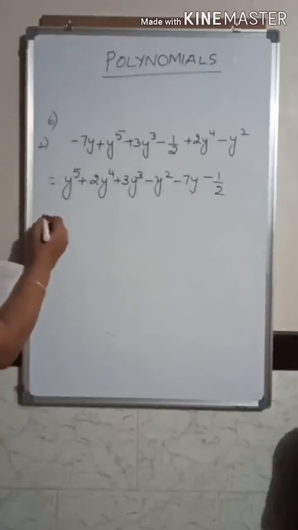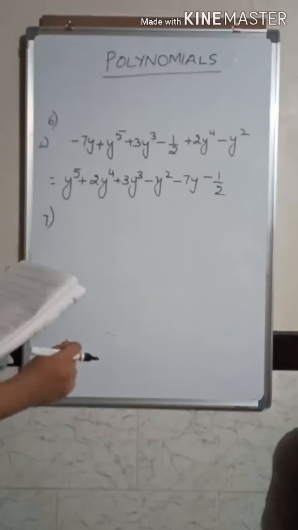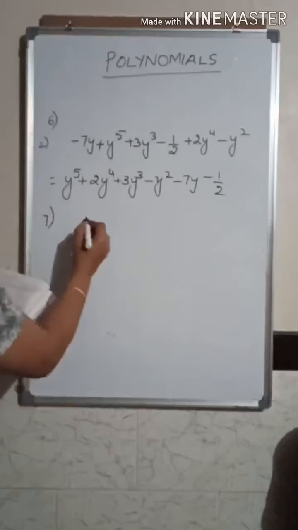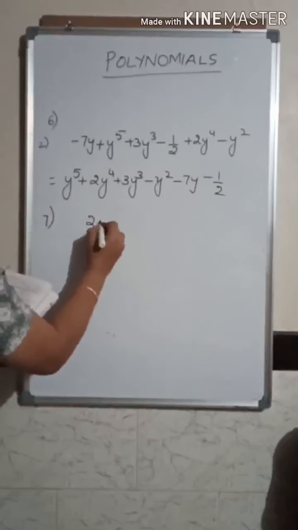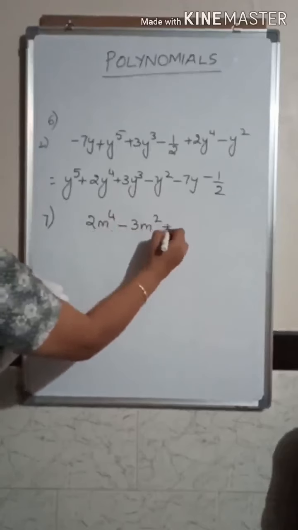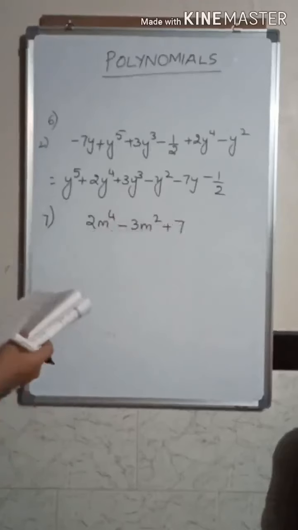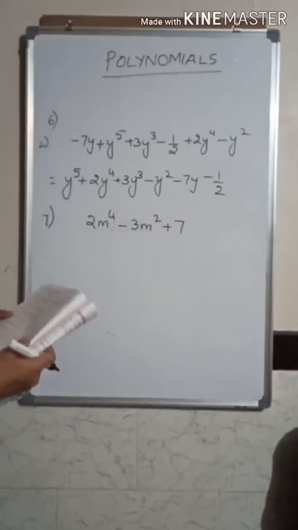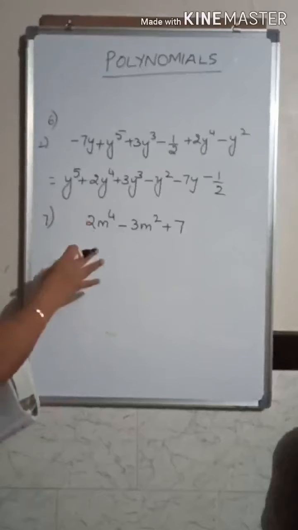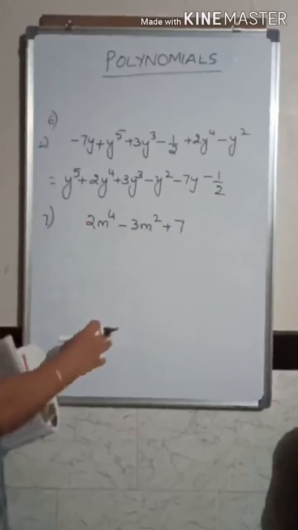Now the seventh problem you have got. Write the following polynomials in coefficient form. So you have got 2m to the power of 4 minus 3m square plus 7. So this you have to write in the coefficient form. To write it in the coefficient form, you have to first write it in the index form. Then only you will get all the coefficients.